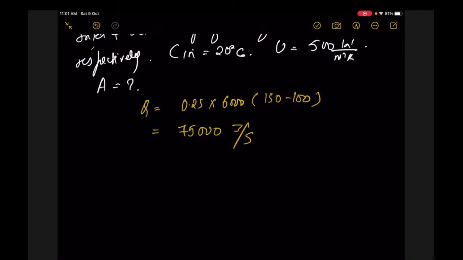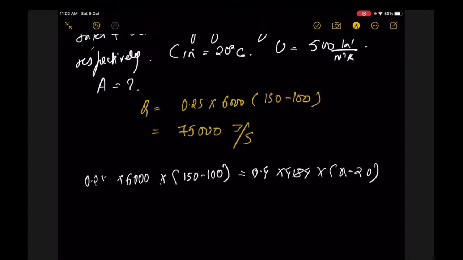So first we will calculate the outlet temperature of cold. So it will be 0.25 into 6000 into 150 minus 100 is equal to 0.4 into 4184 into x minus 20. So here x equals 65 degrees centigrade.